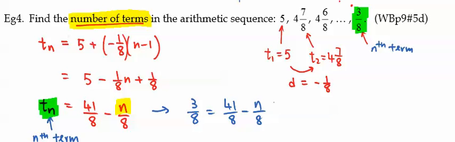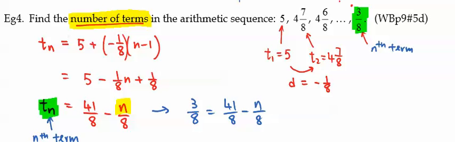What do we end up with? Why can you not bring n over 8 to the other side?